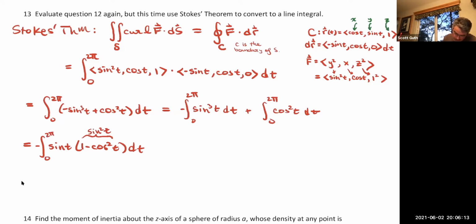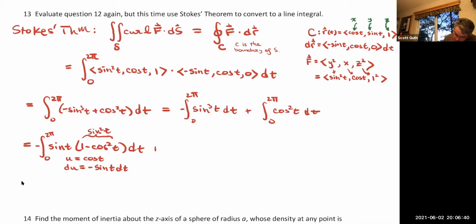So on this one, u is cos t. And du is negative sine t dt. We happen to have a negative sine t, so that'll be nice.